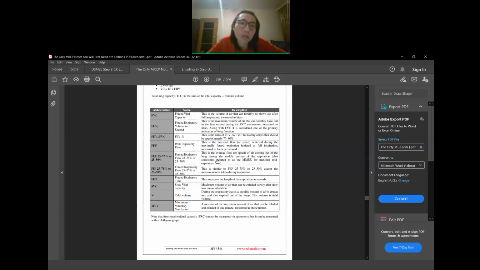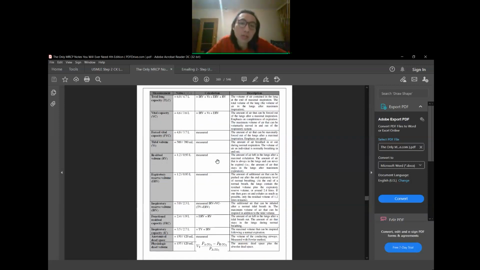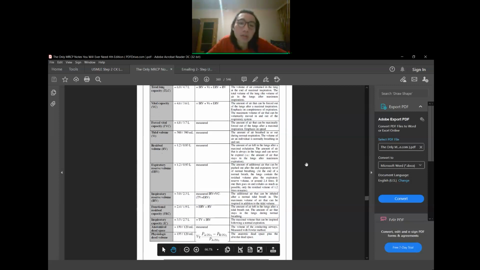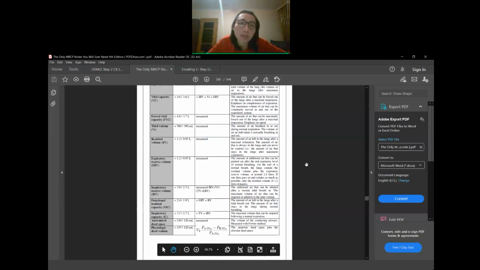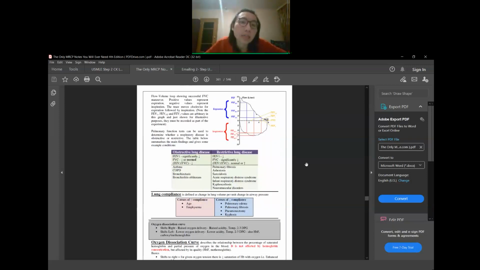You think it's only one page? Ta-da! There's the second page. You see some more: the normal expected value, how to calculate it, and all of this, including your anatomical dead space, your physiological dead space. I think that's pretty interesting if you're interested to learn that.